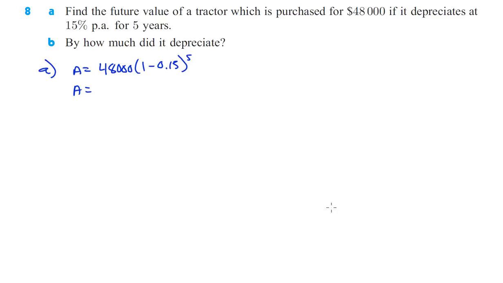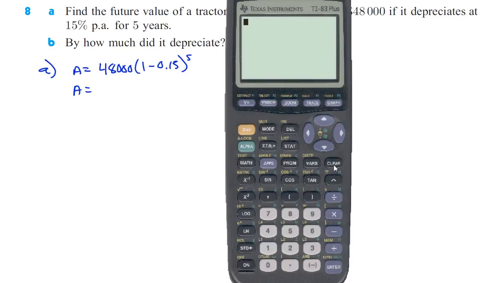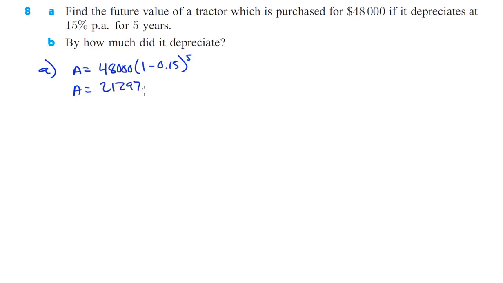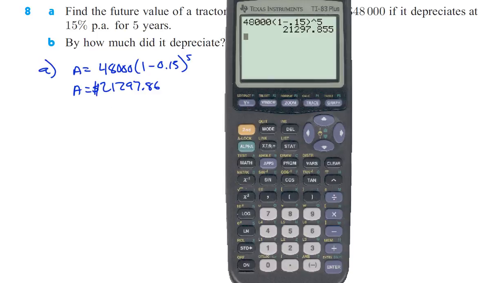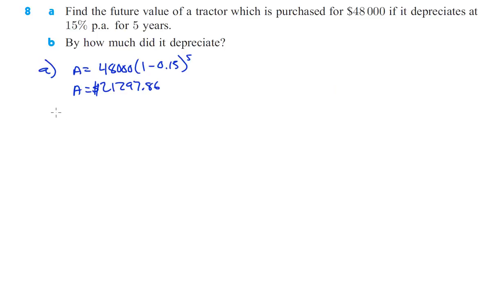Okay, so we can just plug that in, and we're good to go. 48,000 times 1 minus 0.015, oop, not 0.015, but 0.15 to the 5th power gives us 21,297.86. Right? 21,297.86.